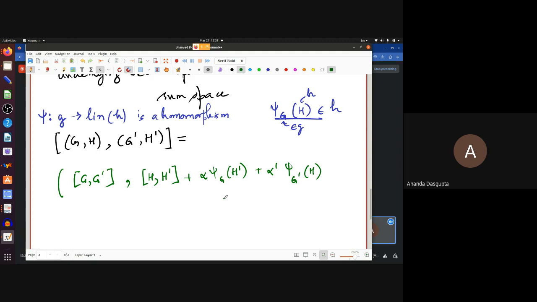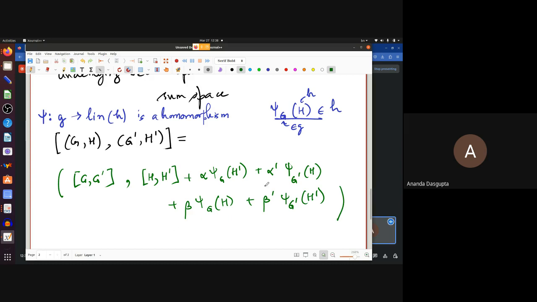This is not done in any book for the simple reason that books either derive this form directly from the semi-direct product of Lie groups result, or they just state the final result and ask you to verify. Here we are doing it the other way around. We are just assuming that there is some psi g for every g which will act on h elements, and we are seeing how we can modify our Lie bracket here in the second term.